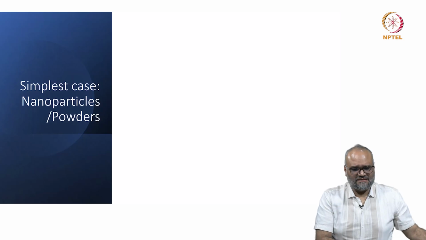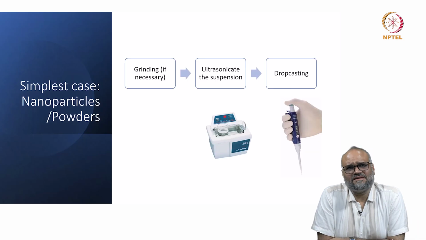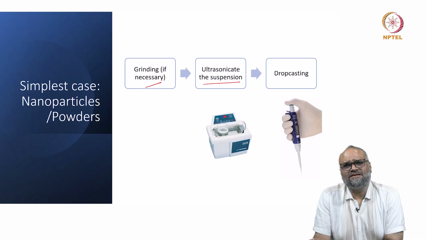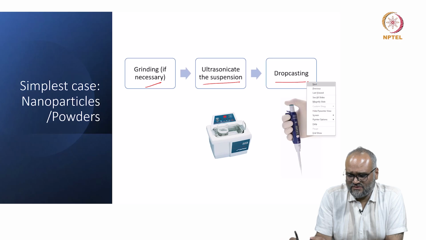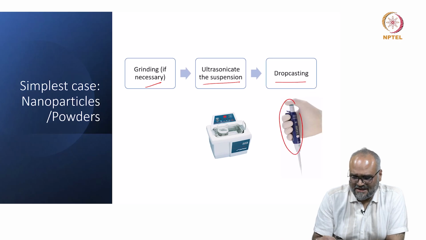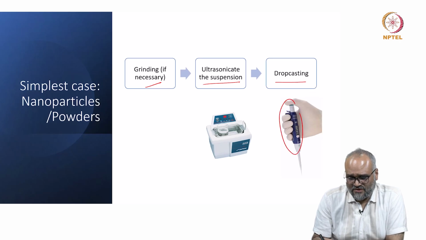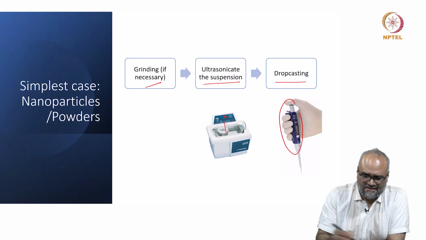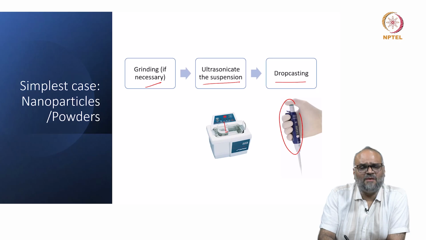So the usual steps are, you can grind the specimen, you suspend it, and then you drop cast using some kind of a pipette like this. Before you drop cast, you ultrasonicate it in an ultrasonic bath, and then, like I was mentioning, the common solutions you use to suspend are ethanol, acetone.